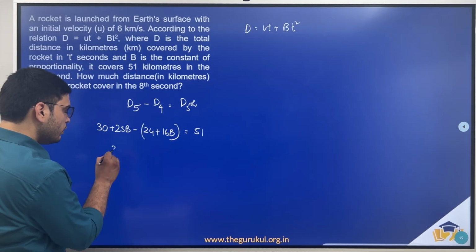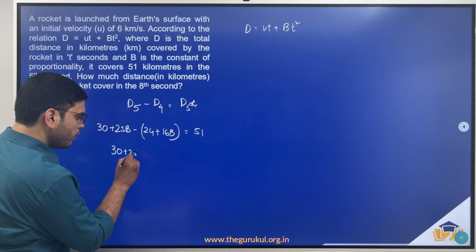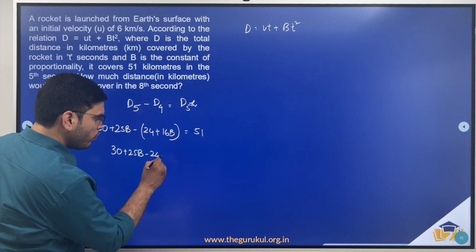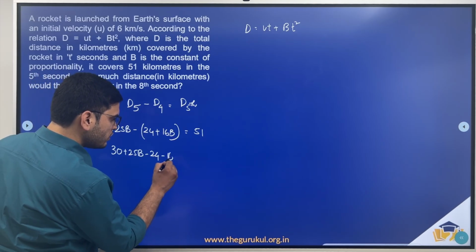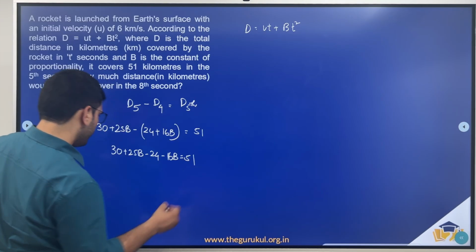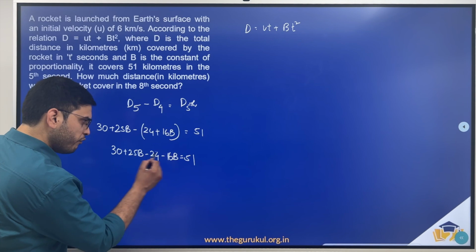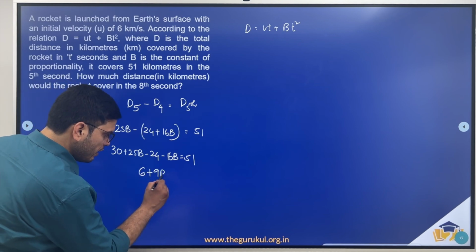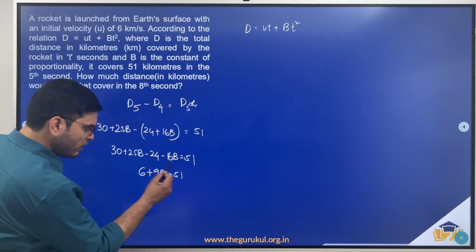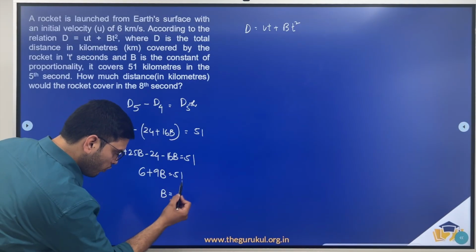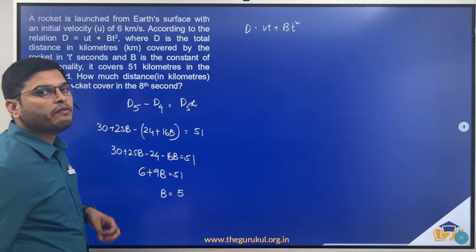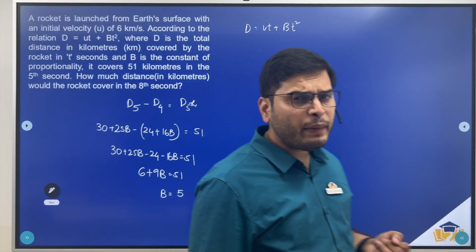So 30 plus 25b minus 24 minus 16b is equal to 51. So 30 minus 24 is 6, and 25 minus 16 is 9, so 6 plus 9b is equal to 51. Now 9b is equal to 45, or b is equal to 45 by 9, which is 5. Now we have the value of the constant, b's value is 5.